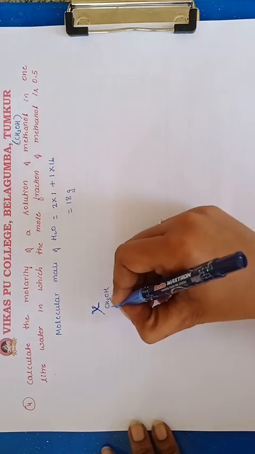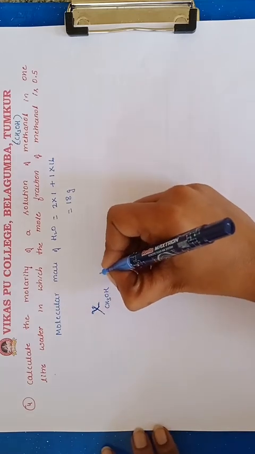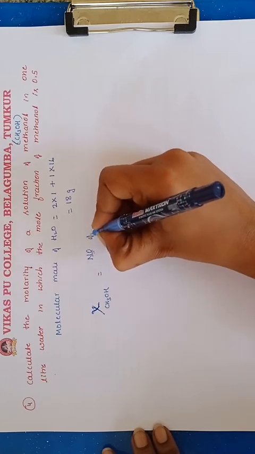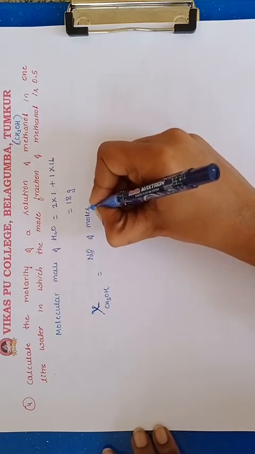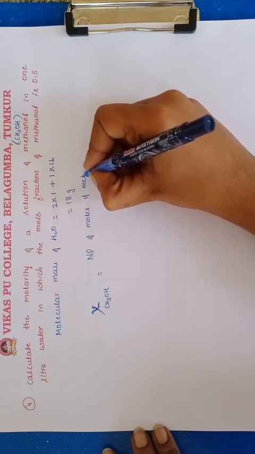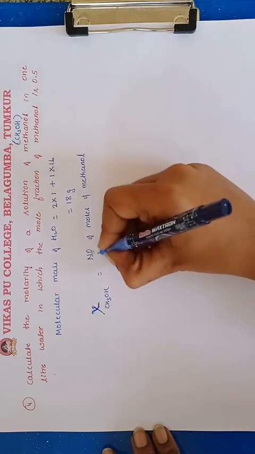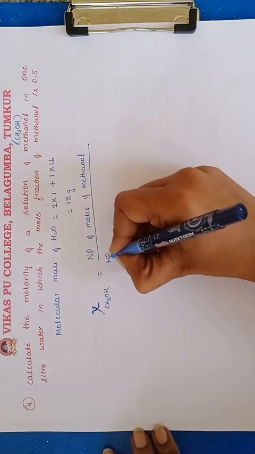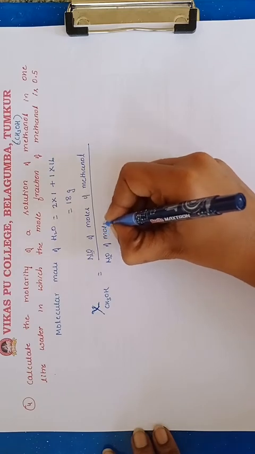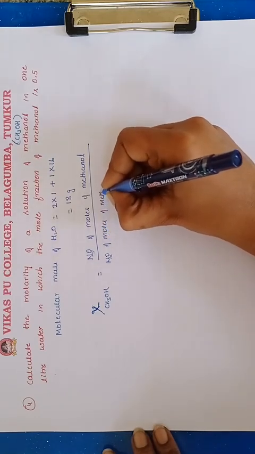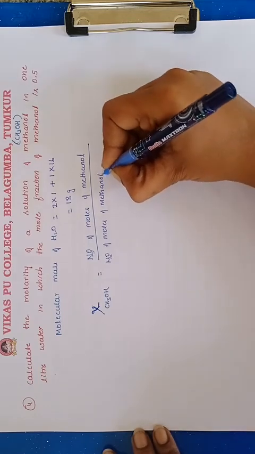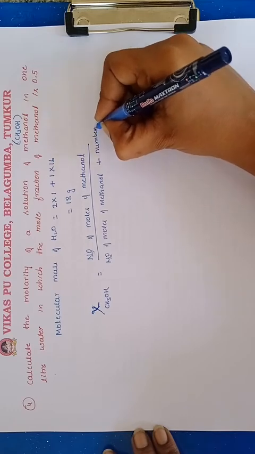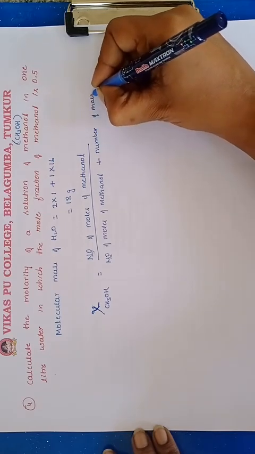That is, the mole fraction of methanol is equal to number of moles of methanol divided by number of moles of methanol plus number of moles of water.